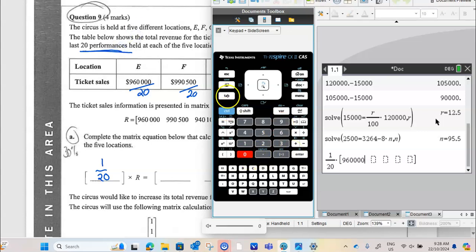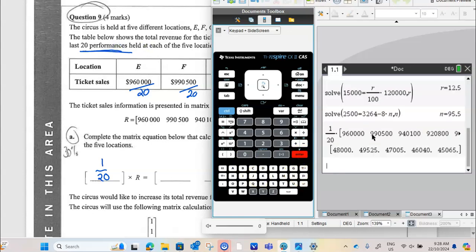And so then I can put that in: 9600 tab, 990500 tab, what's the next one? 940100 and 920800, and the last one 901300.